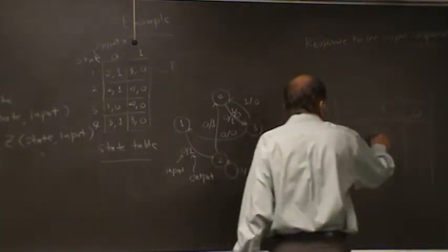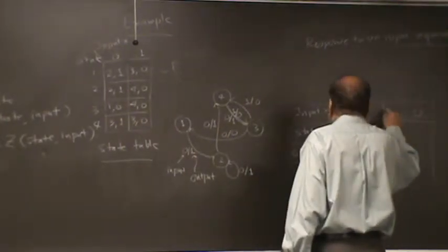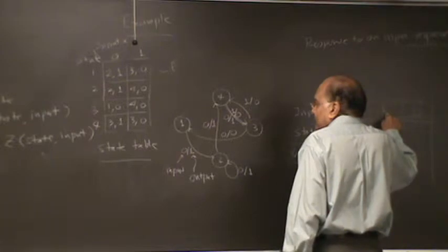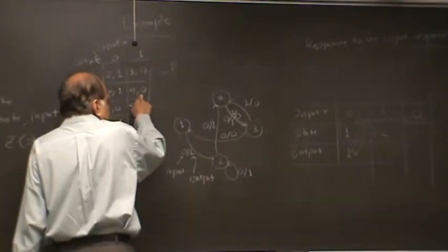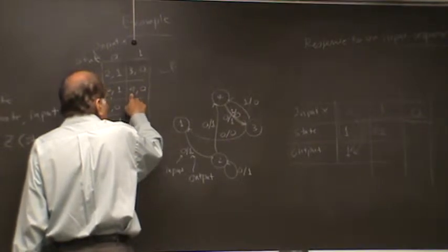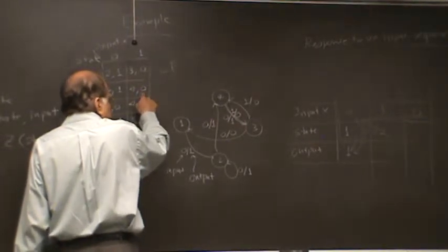Okay, when the state is 2, what happens when input is 1? State is 2, input is 1, next state is going to be 4, and output is going to be 0.